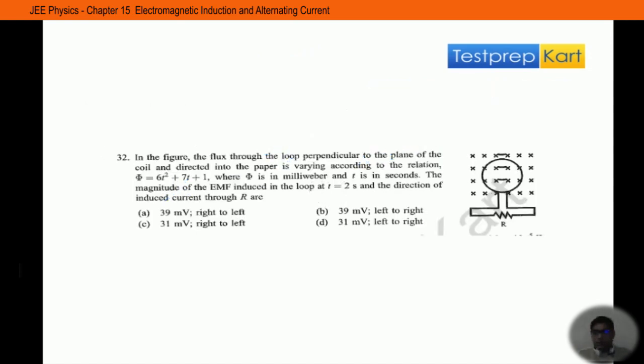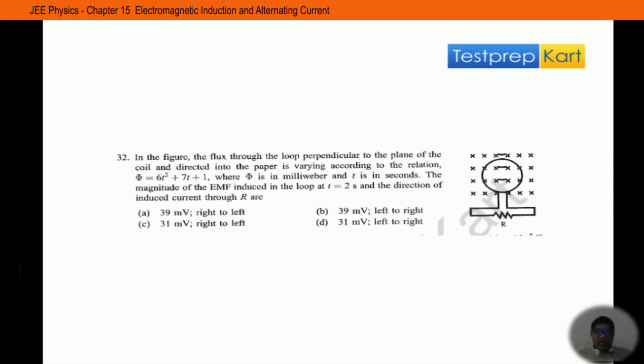Now let's see the next question. In this figure, the flux through the loop perpendicular to the plane of the coil and directed into the paper is varying according to the relation phi equals 6t square plus 7t plus 1, with phi in millivolt-seconds and t in seconds. The magnitude of EMF induced at t equals 2.